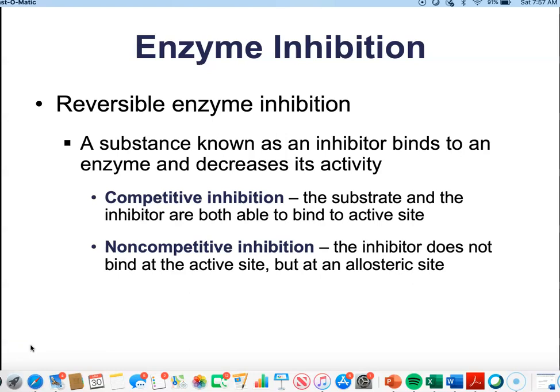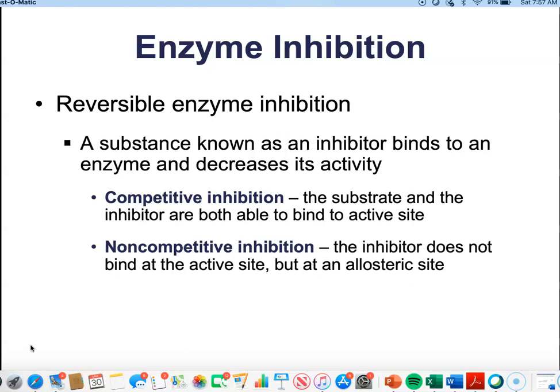Okay, so as I was just saying, enzyme inhibition is a way for the cell to turn off an enzyme, or inhibit it. I would say think of it as turning off its activity, but just for a given amount of time. In most cases, we're not going to be inhibiting it forever.